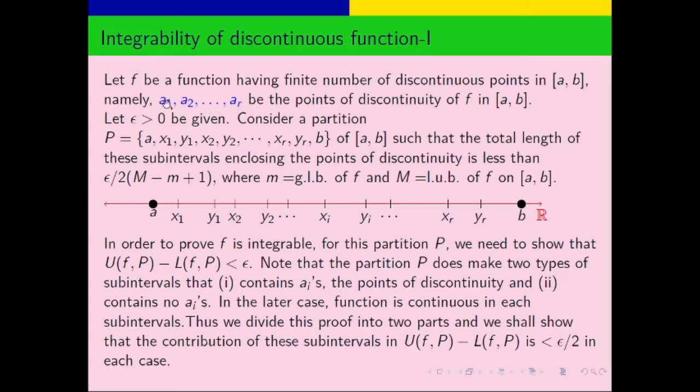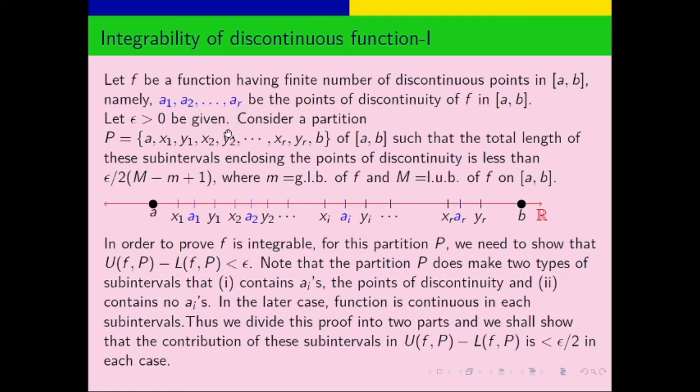So we can take the first point a1 somewhere between x1 and y1, a2 between x2 and y2, ai in [xi, yi], and ar in [xr, yr], and we have taken a partition P which encloses these points of discontinuity.